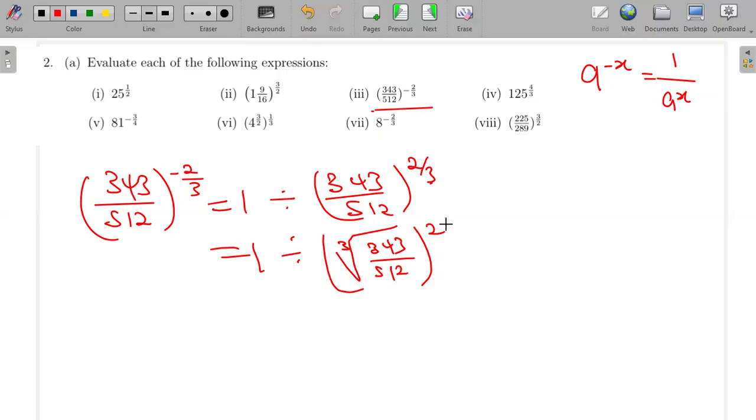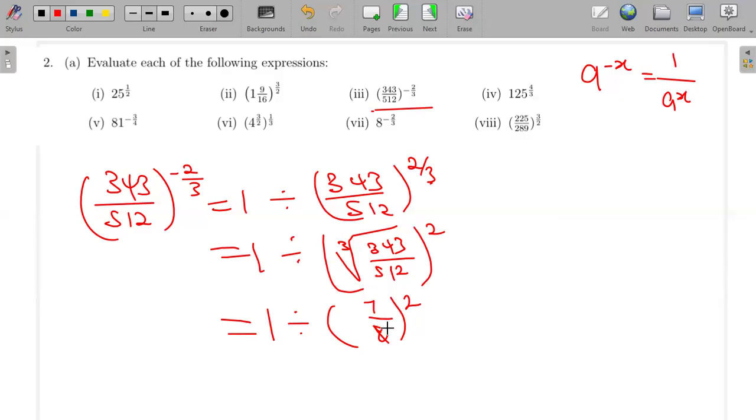We're going to find the cube root of those numbers. You can confirm with your calculators, but the cube root of 343 is simply 7. Then the cube root of 512 is 8. So I'm going to put 8 there, and then squared. So this is what I have.